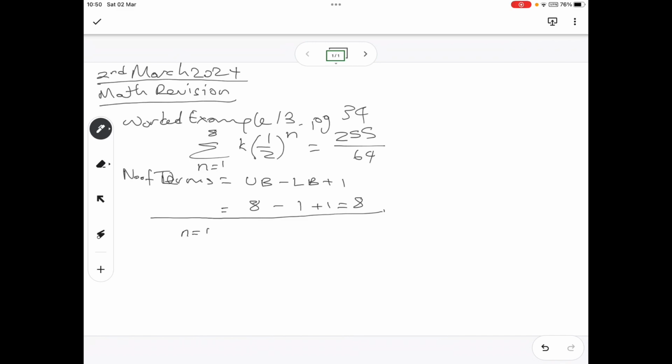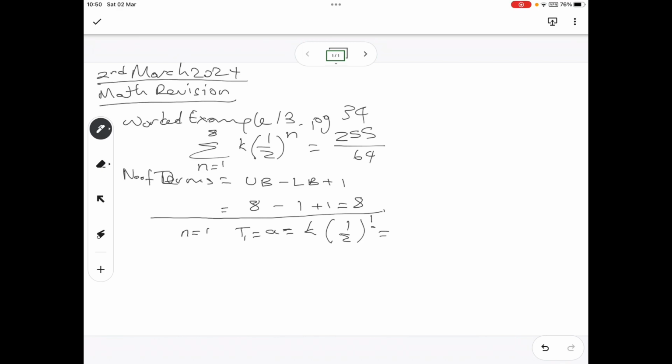The steps. Yeah, so let's do the first 3 terms. For n equals 1, we'll have T1, which is our first term, and that would be k times a half to the power 1. Remember what we talked about, the laws of exponents?